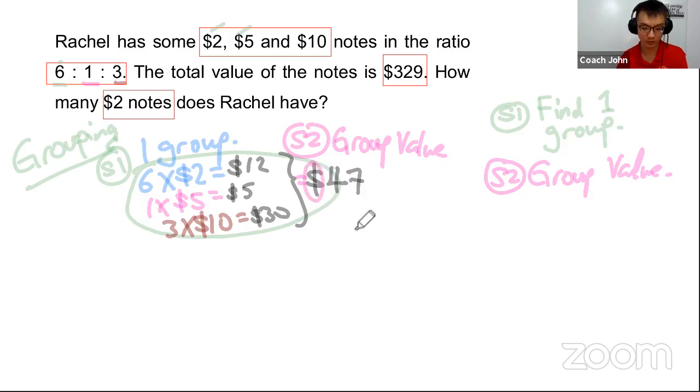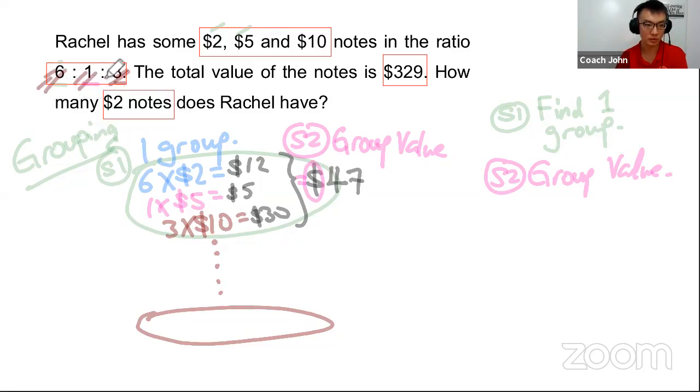Now, you have no idea how many groups there are, but it's always in terms of 6:1:3, 6:1:3, 6:1:3. So the group value of every group is always $47.